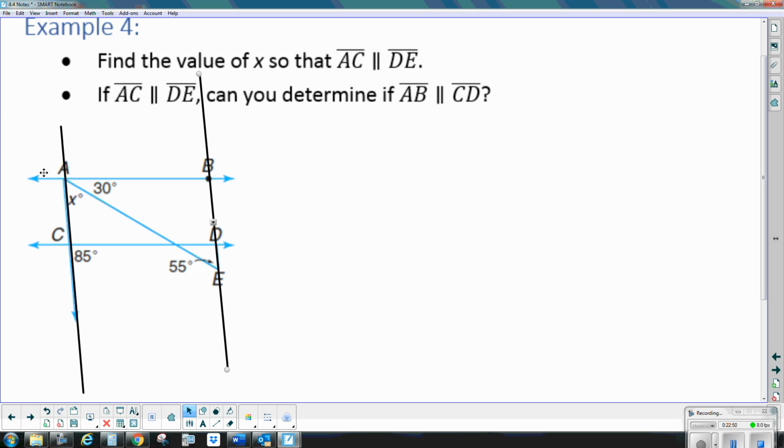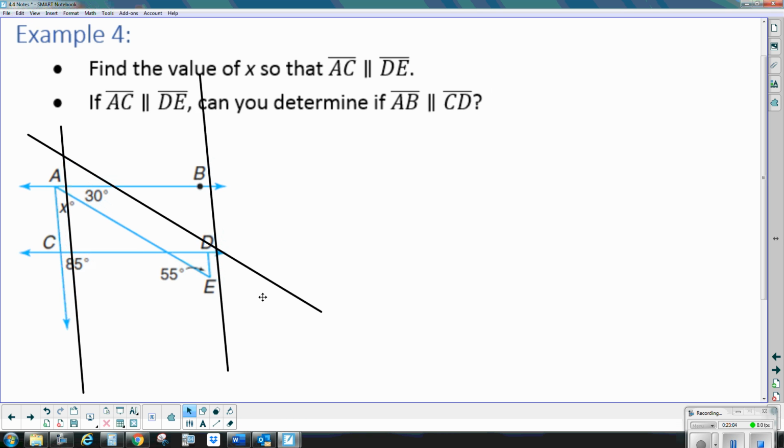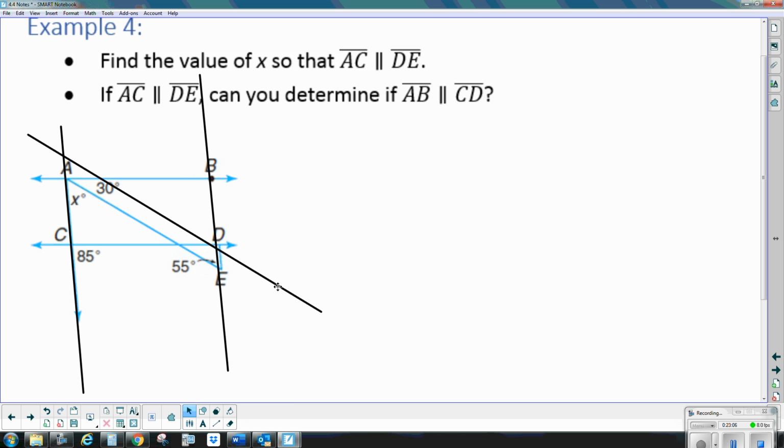So we're looking for the value of x. So we need to look at an angle or a transversal between AC and DE that forms angle x. Okay, so AE is going to be the transversal we're looking at.